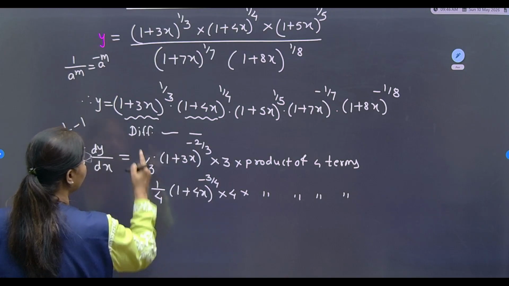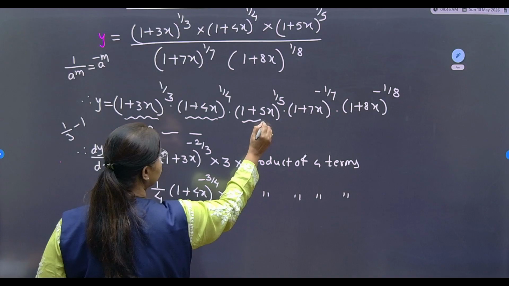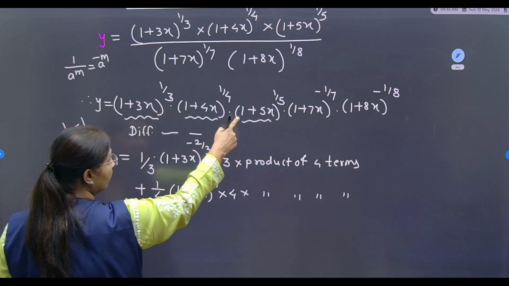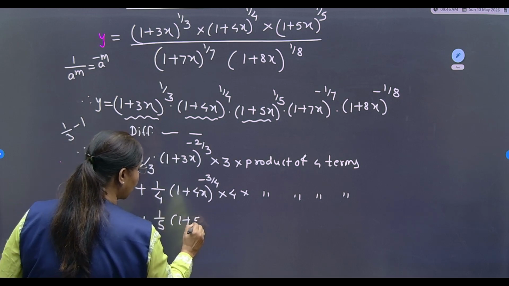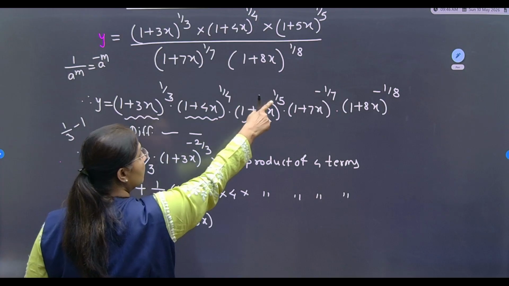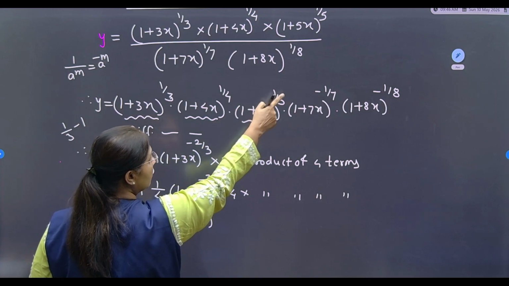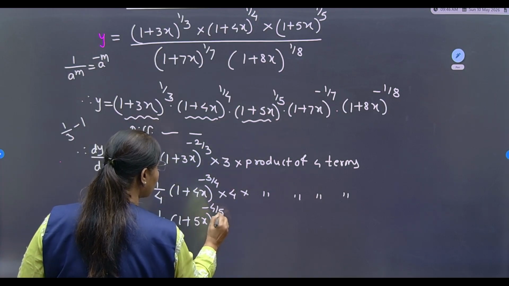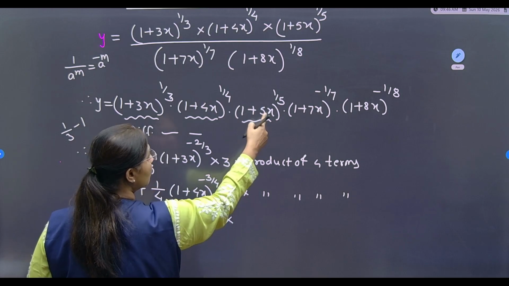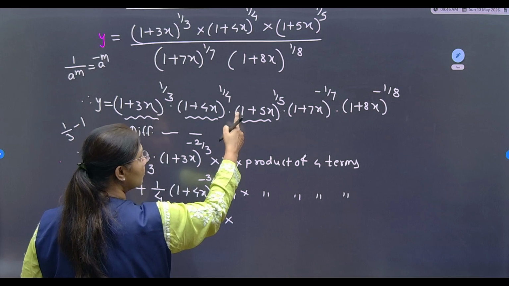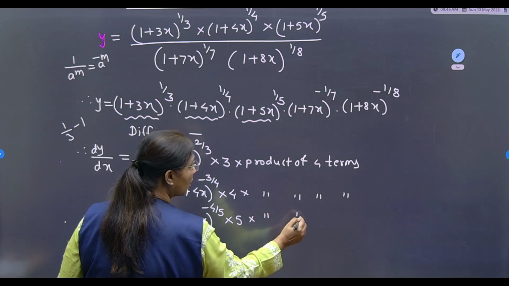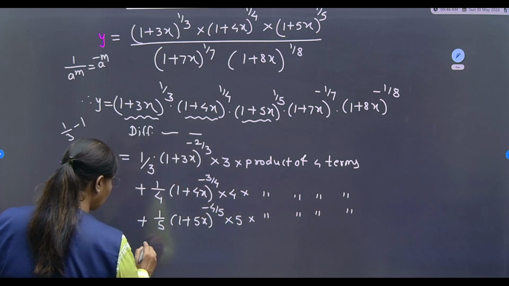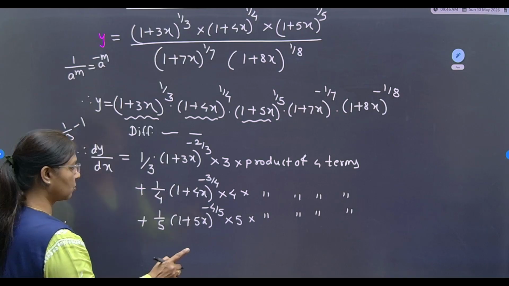Next, plus the first as it is, the second as it is, and the derivative of the third: 1 plus 5x raised to 1 by 5 gives 1 by 5 into 1 plus 5x raised to 1 by 5 minus 1, which is minus 4 by 5, into the derivative of 1 plus 5x, that is 5, into the product of 4 terms, plus continuing the process.